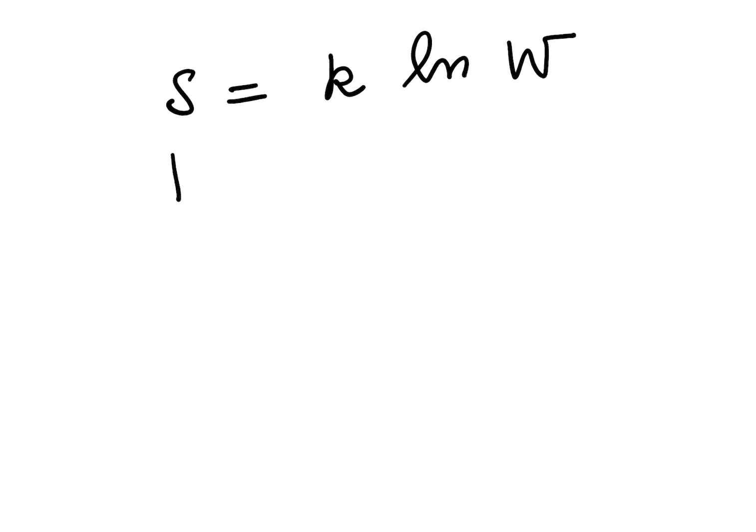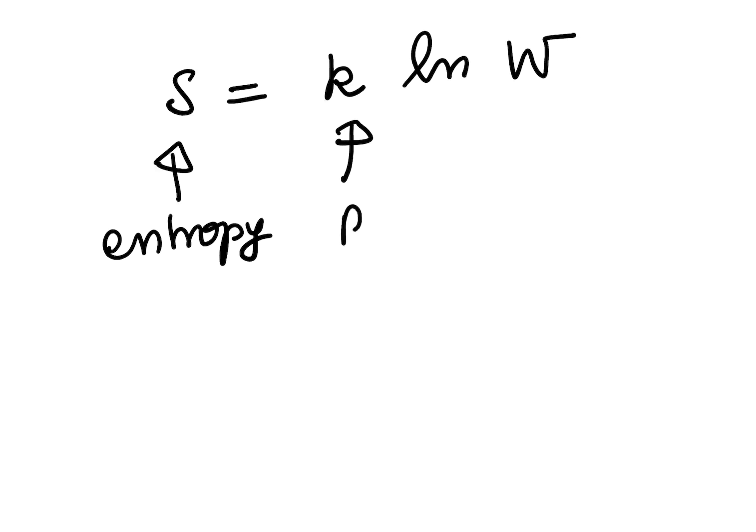The definition of entropy that is commonly used is K ln W. K is called the Boltzmann constant, named after the scientist Boltzmann who came up with this definition.